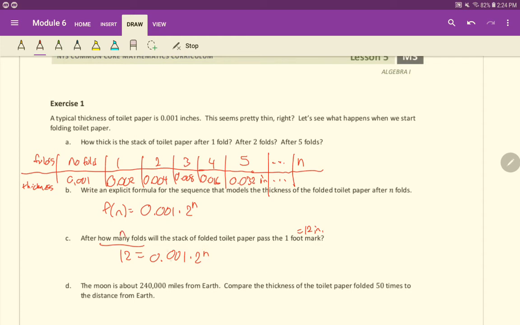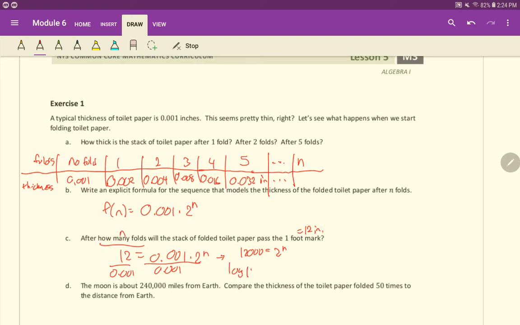So you can do that by isolating the exponential term here. We'll divide both sides by 0.001. And 12 divided by 0.001 is actually not as hard as you might think. It's just 12,000. And we have 2 to the n. Now remember, we've got to get this variable out of the exponent here, so we'll use a logarithm. Let's use log base 10.